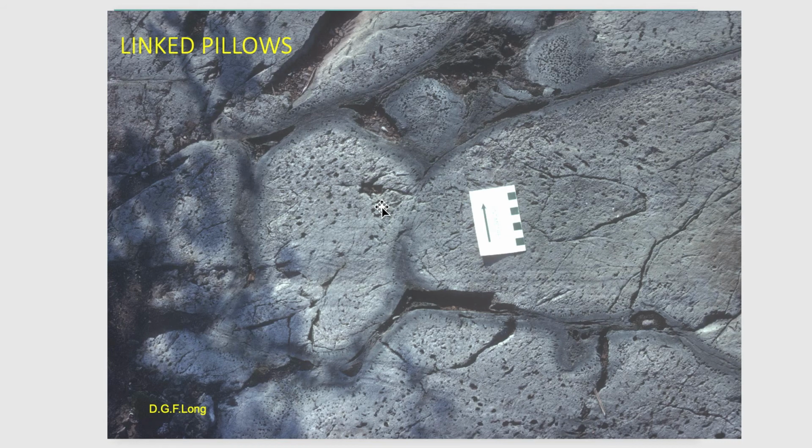It's also interesting to see that this pillow is losing one of its contacts and is actually connecting. So during growth you are breaking the boundary existing between two pillows and you form a single pillow, preserving some of the original structure of the two separate entities.